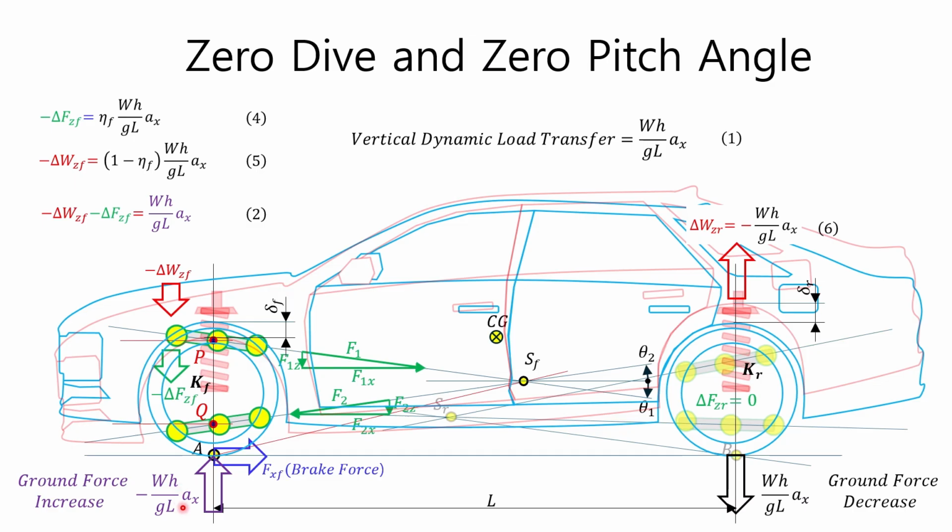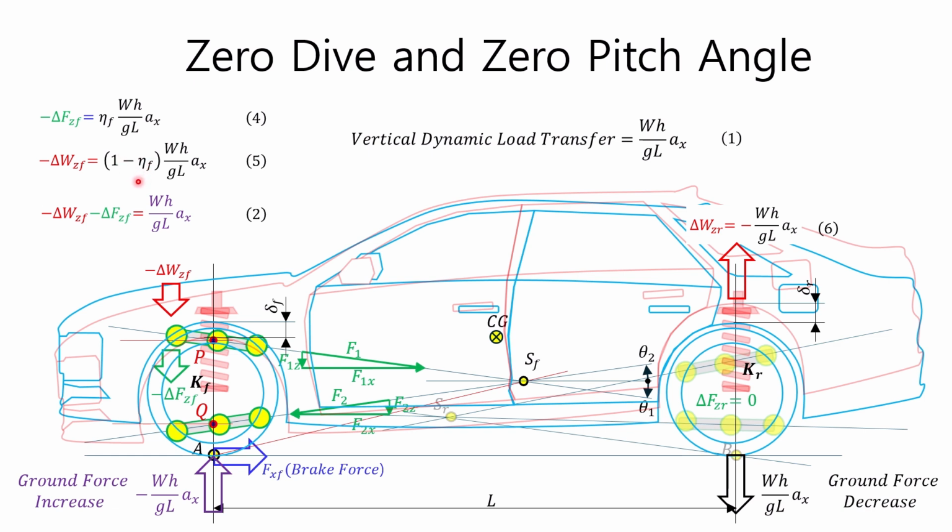What requires attention here is the direction of action of delta FZF. To explain this, we introduced the eta F, which represents the fraction of the total vertical dynamic load transfer developed on the front suspension links, as shown in equation 4. The front spring force, delta WZF, can be expressed as shown in equation 5, using the fraction eta F depending on the position of the virtual reaction point.